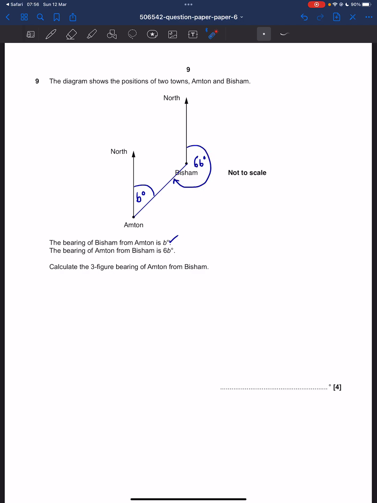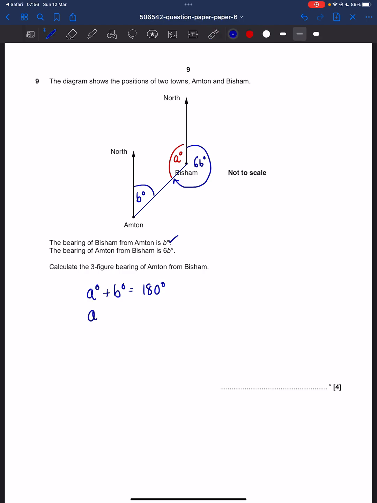So what you've got to remember here, we've got to set up some equations. This angle, I'll call this A, to go with the B. A degrees plus B degrees is 180 degrees, because these are both pointing north, so these lines are parallel. Between parallel lines, they add up to 180 degrees.